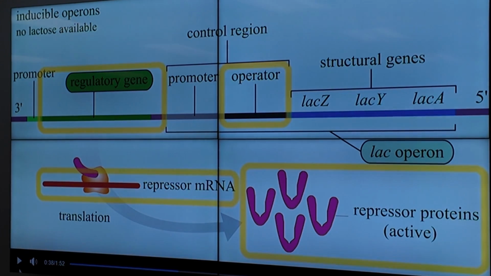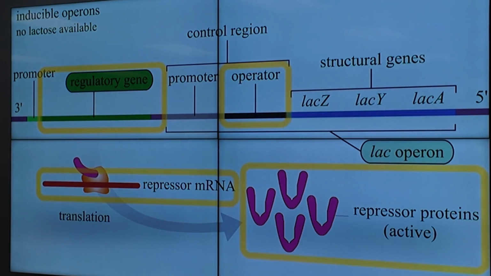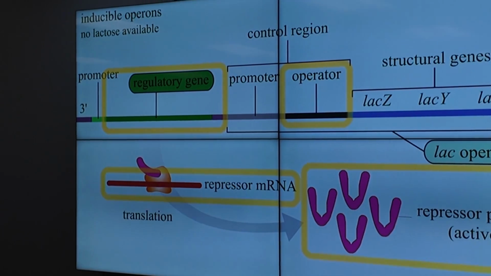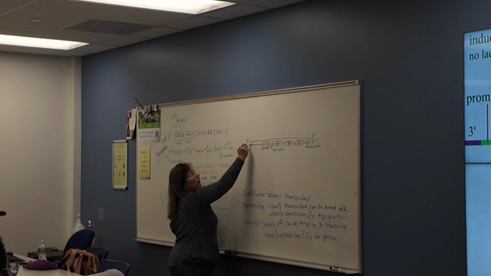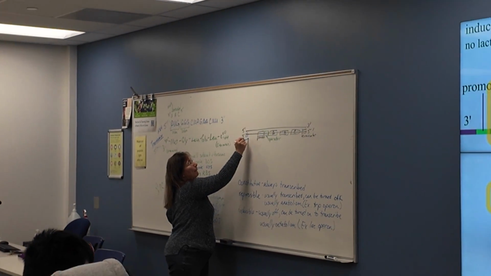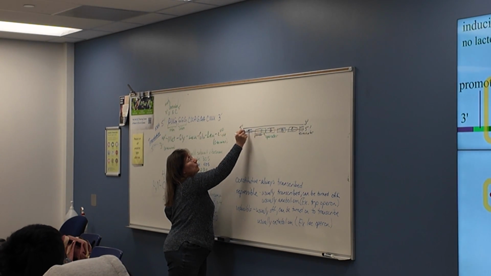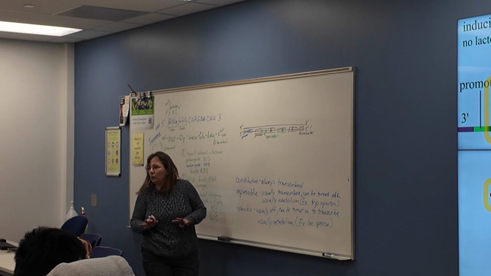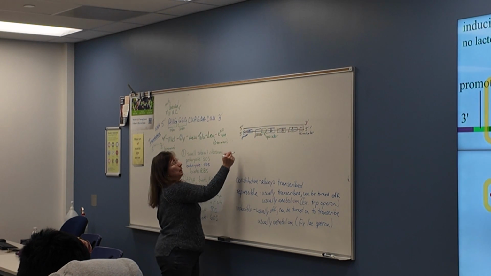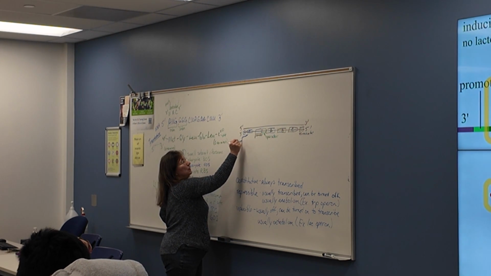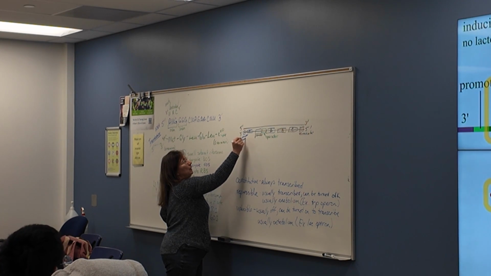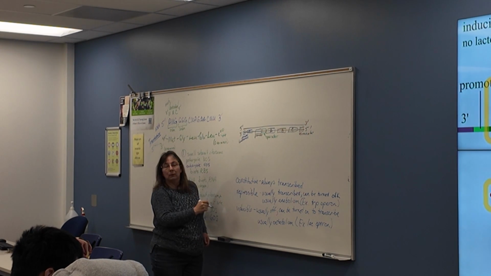Okay, so let's add that to our drawing really quick. That's upstream, so you're going to have another promoter here, and you're going to have another gene. These are usually labeled I. I have no idea why. This promoter is constitutive, meaning it's always running.